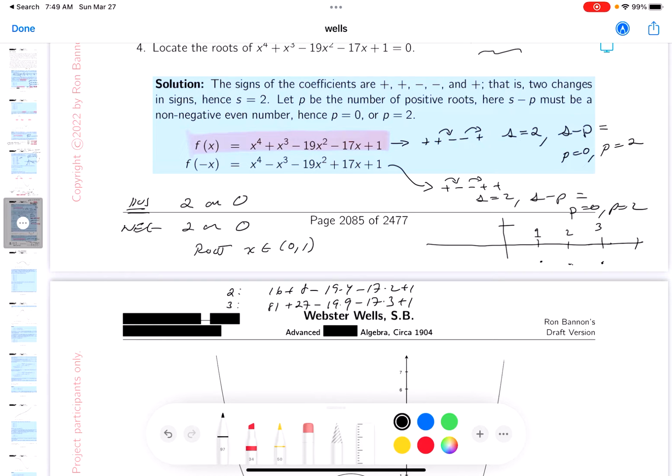Going to go to 4. And what do you get there? Well, 256. You notice that the fourth power is getting much larger now. Plus 64 minus 19 times 16 minus 17 times 4 plus 1.